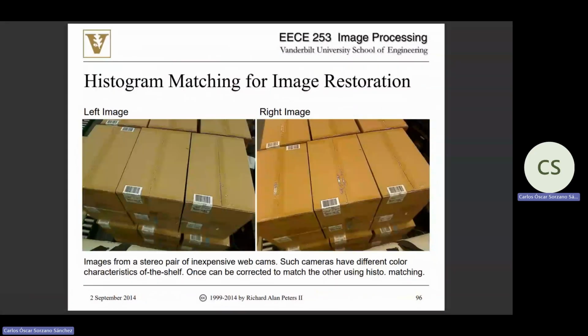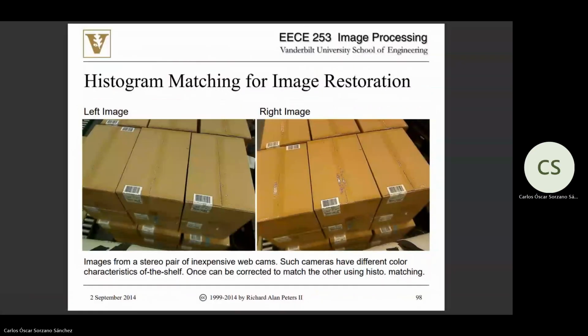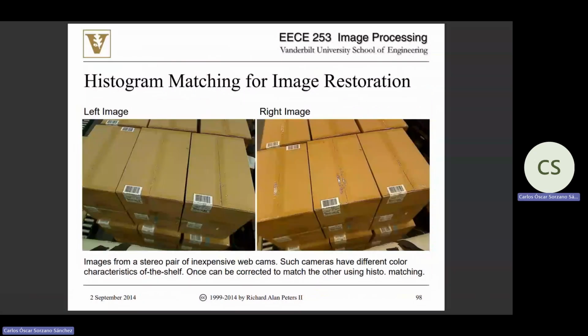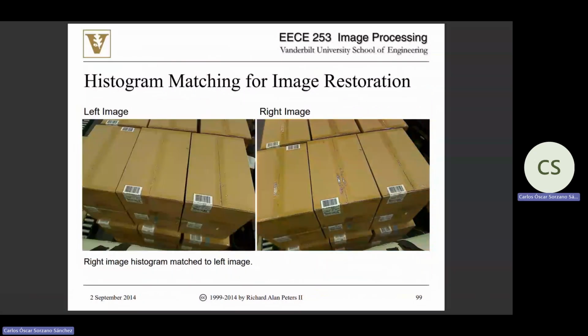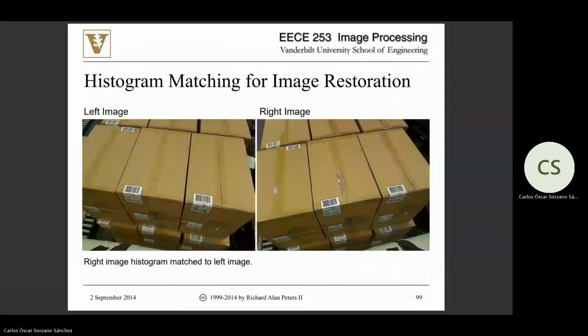This is the result. The same for this one. So this one, there are not such big differences between the three. They're not the same, but more or less they look kind of similar. And then you get this one. Very good. Any question?